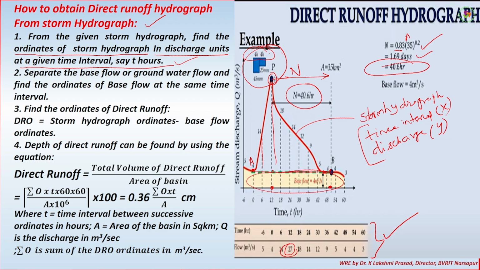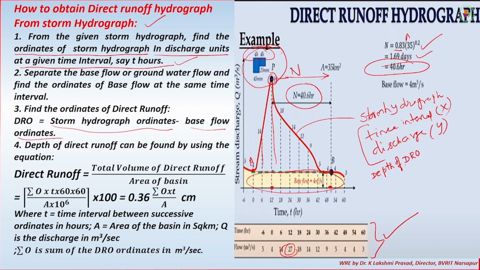Now the graph is between time versus direct runoff ordinates. It is nothing but the direct runoff hydrograph. That is what today's class lecture is. So the direct runoff ordinates equal storm hydrograph ordinates minus base flow. Clear?